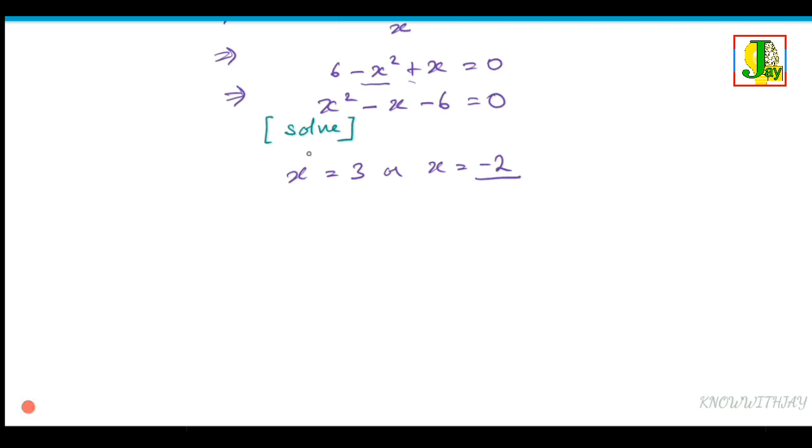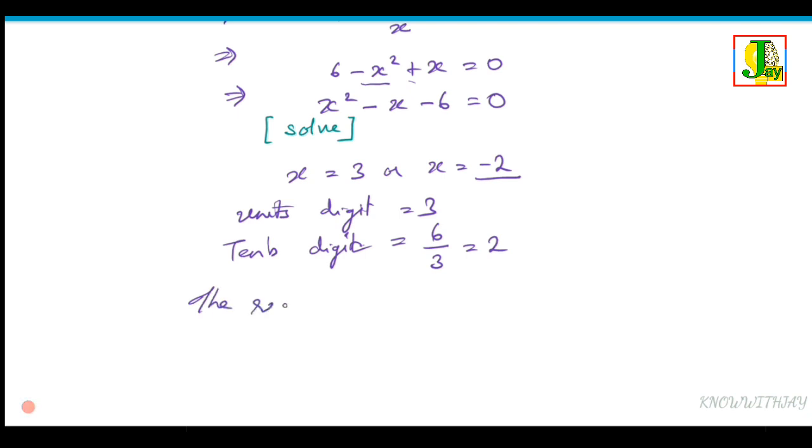So our units digit is 3 and the tens digit is 6 by x, that's 6 by 3, and that's 2.